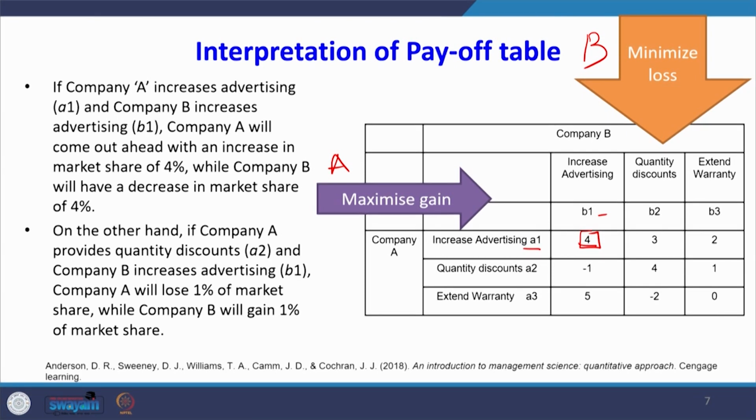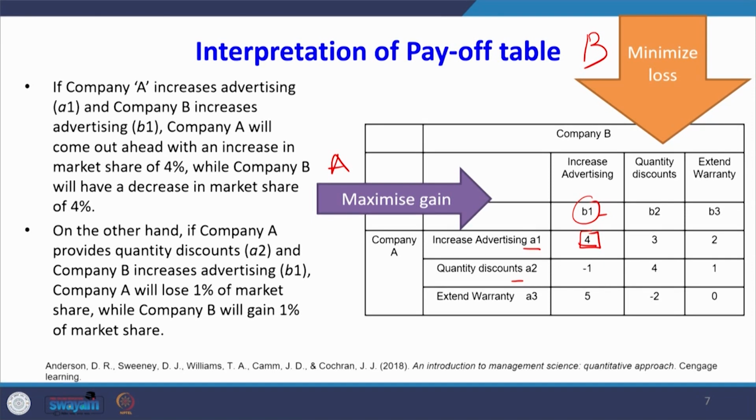On the other hand, if company A provides a quantity discount, A2 for example, and company B increases advertising, B1, company A will lose 1% of market share, while company B will gain 1% of market share.